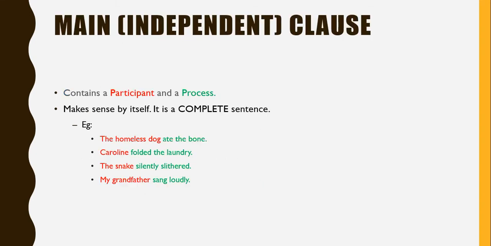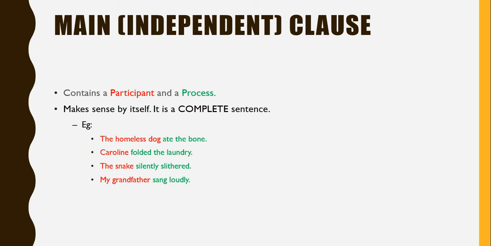Now, main or independent clause depends on which year. In grade 5 we talk about the main clause, and in grade 6 they talk about the independent clause. I like to use them interchangeably because you'll hear both of them. The main clause contains a participant and a process. It makes sense by itself, so it is a complete sentence.